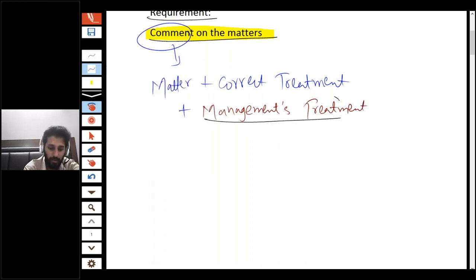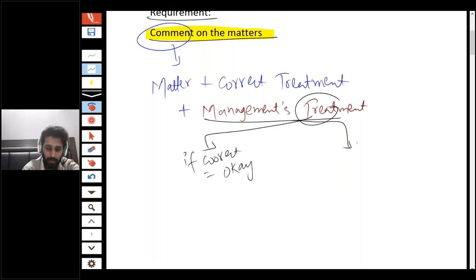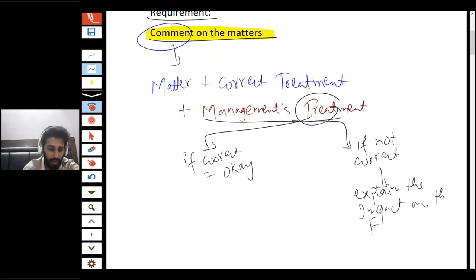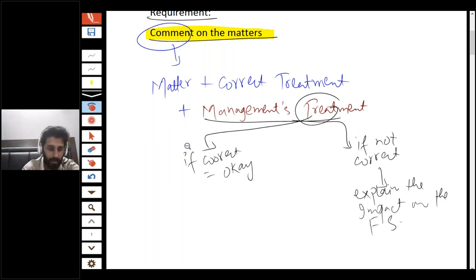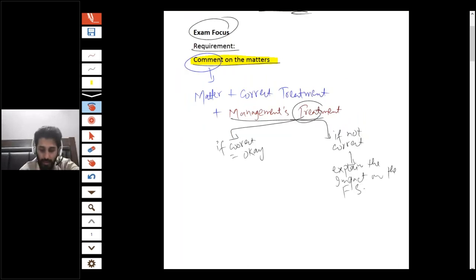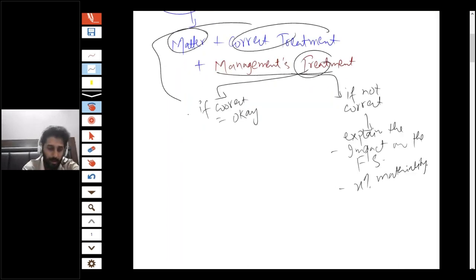If management's treatment is correct, then it's okay. If not correct, then explain the impact on the financial statements. Then write down the impact on the financial statements with X percentage of materiality.